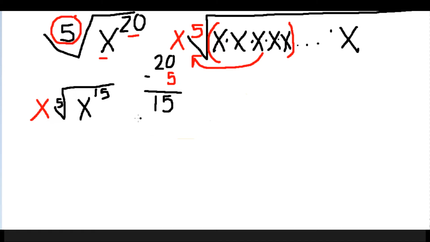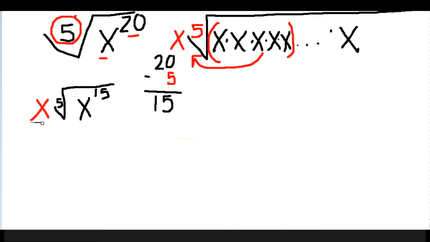So we pulled out our first group of 5. That translated to 1 x on the outside, so there it is right here. And we started with 20, pulled out 5, so now we have 15 left. Just to make sure we're all on the same page here.